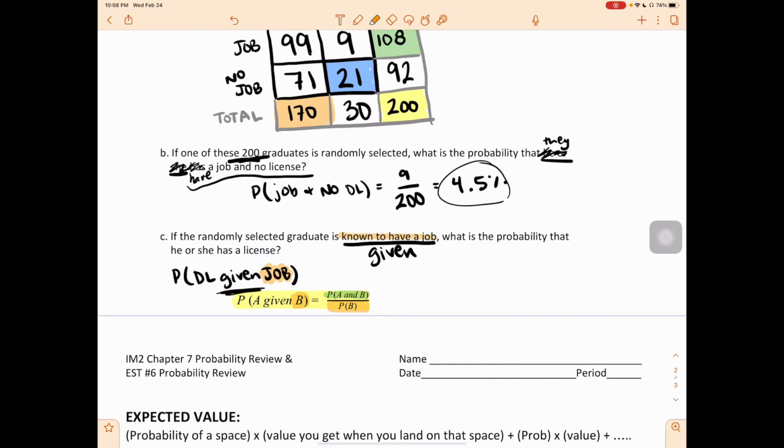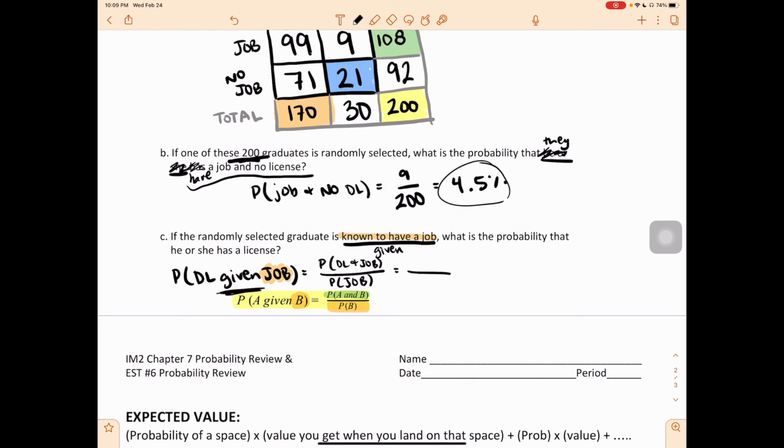We know somebody has a job. Let me just make that a little bit smaller. So this is equal to the probability of DL and job, or you could have written both, as long as you know that that's what you're talking about, over the probability of a job.